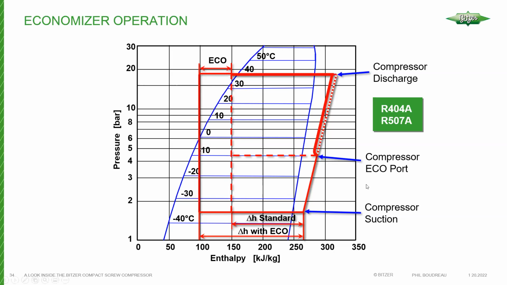I'll show you the process in more detail in a moment. But what happens with your main liquid leaving the condenser is it's further refrigerated in the economizing heat exchanger or subcooler. And then that additional subcooling, of course, allows for additional heat absorption in the evaporator.